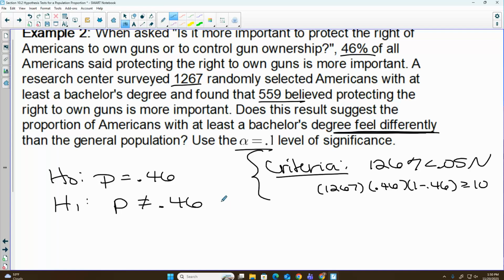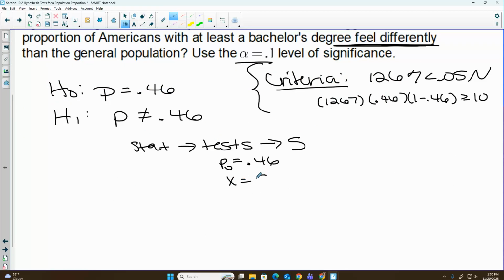Okay. So if we go to stat, test number 5. P is a null, 0.46. Currently, I really like that number. My x is what this time? 550. What is my n? 1267.